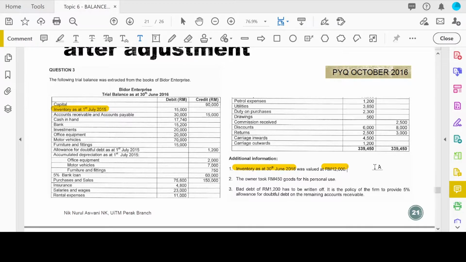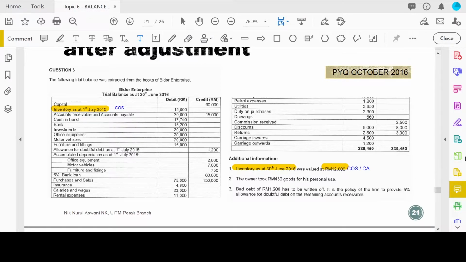This one will be shown in cost of sale as well as current asset. And then let's look at number 2. So this is also cost of sale.